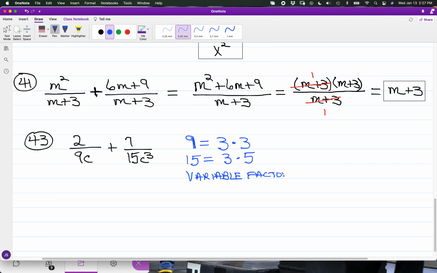The least common denominator is going to be the highest power of the variable factor or factors.